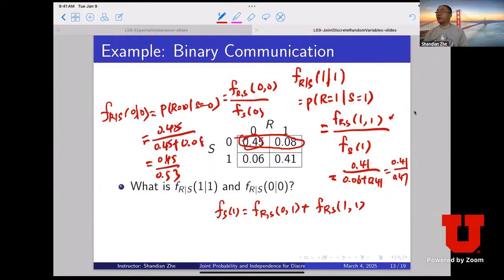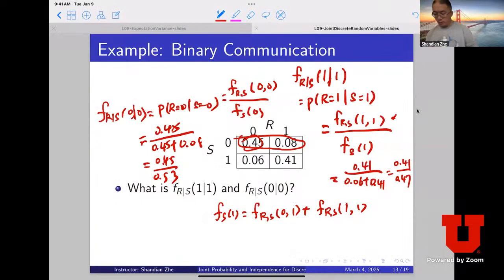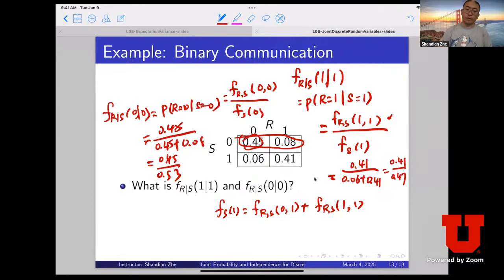Which is also pretty high. That's how we compute the conditional probability density function.